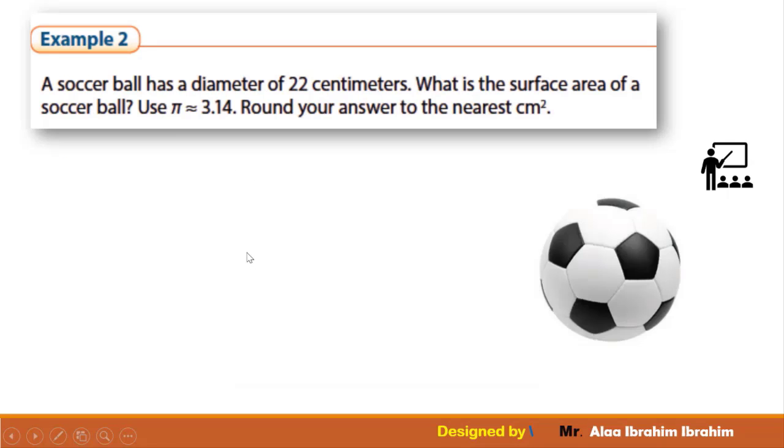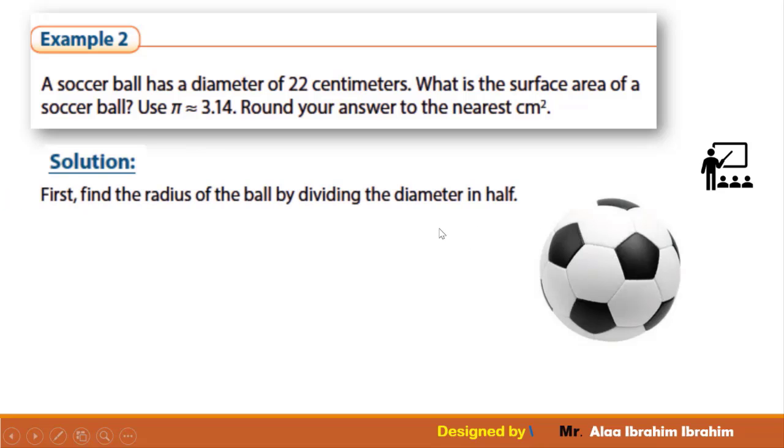Now the second type. I give you here the diameter, not the radius. We dealt with this together before. How to change diameter to radius? By dividing by 2. So for this ball with diameter 22, I divide by 2. 22 divided by 2 is 11. Now I have to find my surface area.